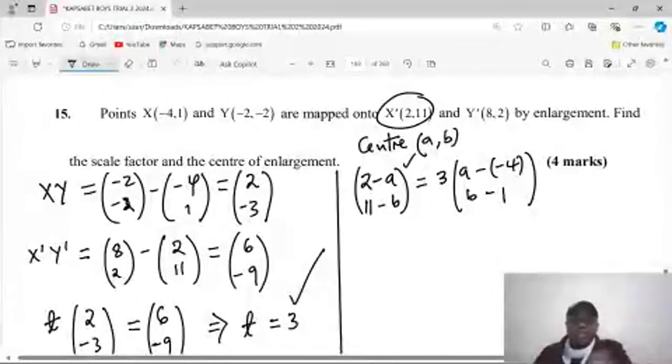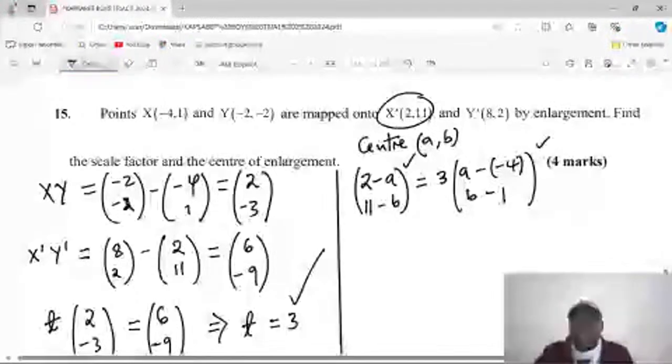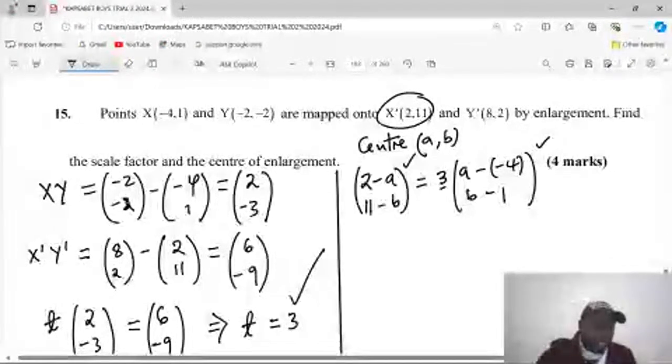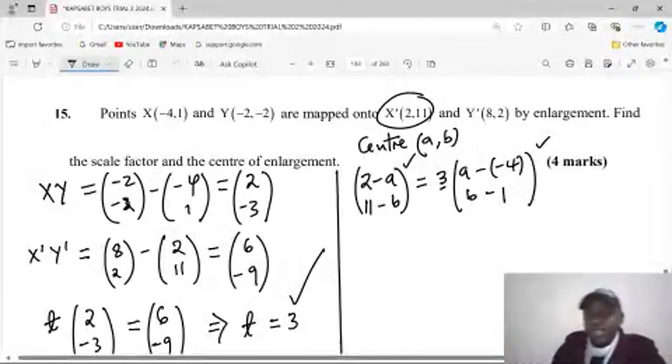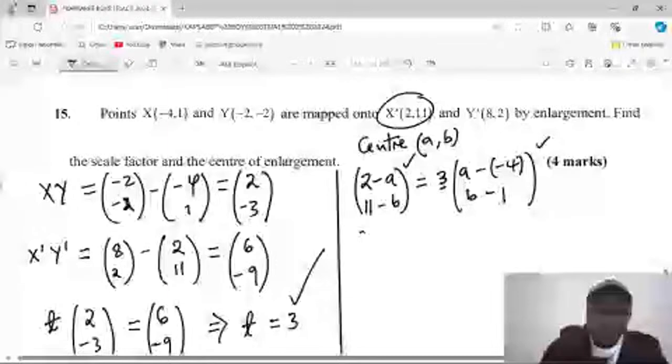From where X is to where the center is, we express it this way. But now we are saying this distance is 3 times the other one. If it is so, then we can use the x components to get a. So 2 minus a equals 3a plus 12.